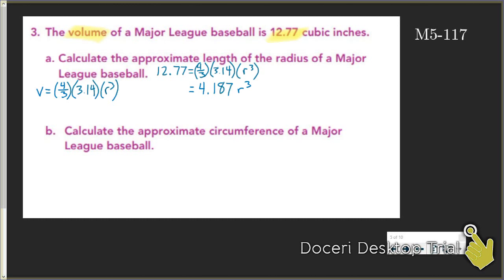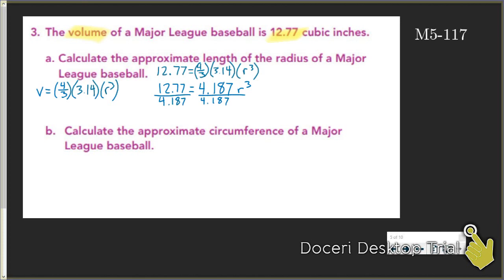And on the left side of that equation we still have 12 and 77 hundredths. Well, we can tell right away we need to get that coefficient away from the r. Well, that's multiplication, so the opposite of multiplication is division, so I am dividing by 4 and 187 thousandths on both sides of the equation.